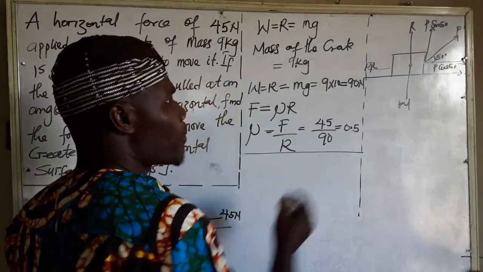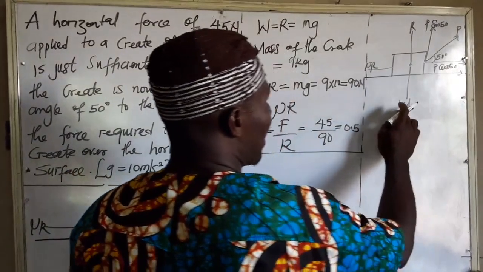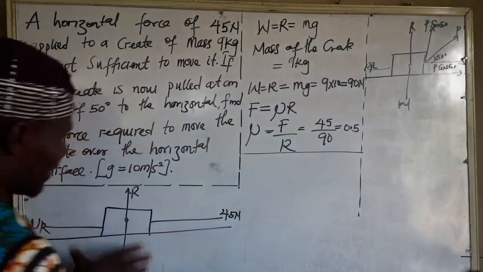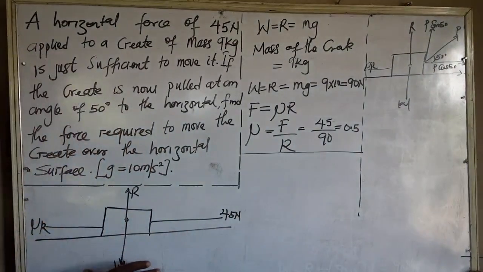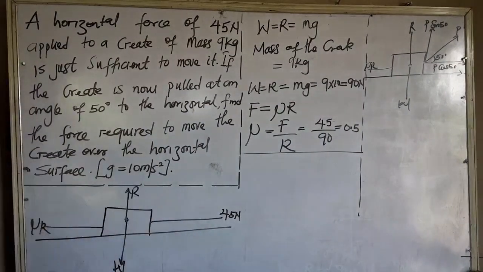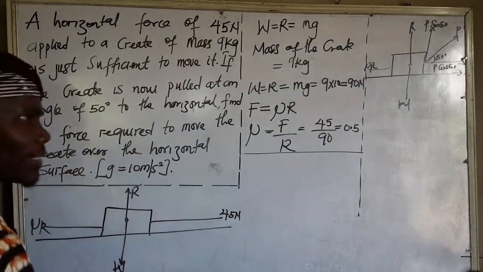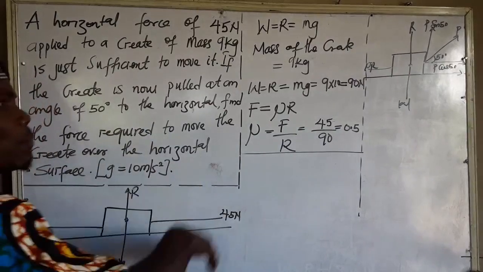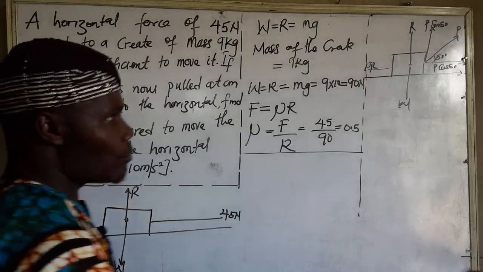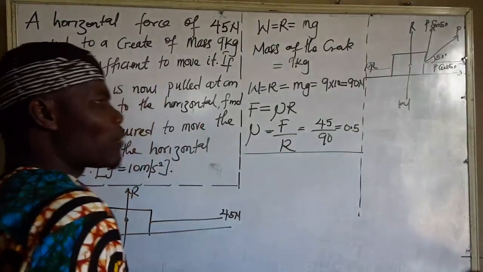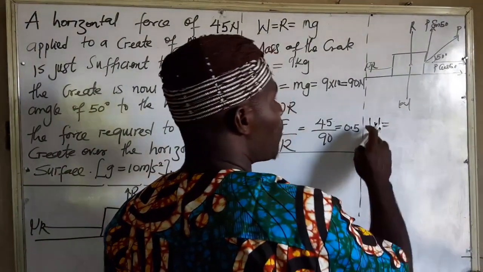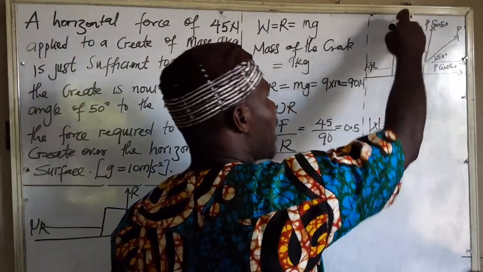Now let's consider our weight. In our first analysis, the weight is equal to the reaction, according to the first statement. But the second statement lets us realize that the crate has now been pulled at a certain angle, which is 50 degrees. So the weight will not directly equal the reaction again.